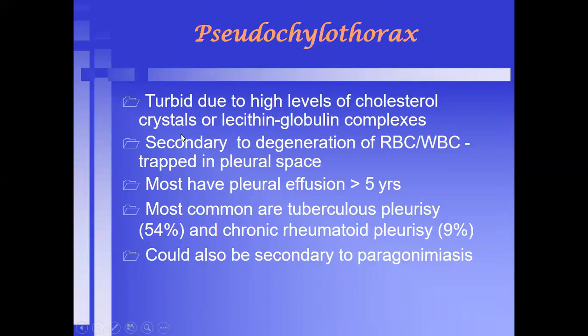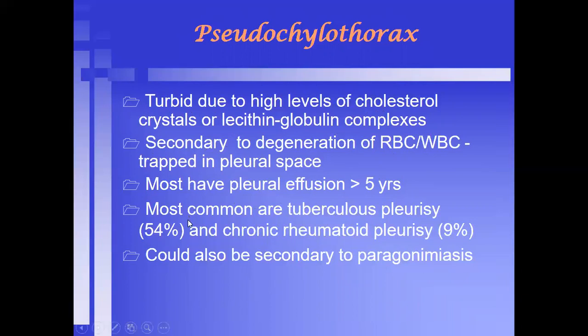So your cholesterol crystals are actually the degenerated RBCs or WBCs that were trapped in the pleural space. So these are prolonged effusions, long-standing effusions that have been there for more than 5 years. So the cells that were trapped inside the pleural space eventually degenerate and become your cholesterol crystals.